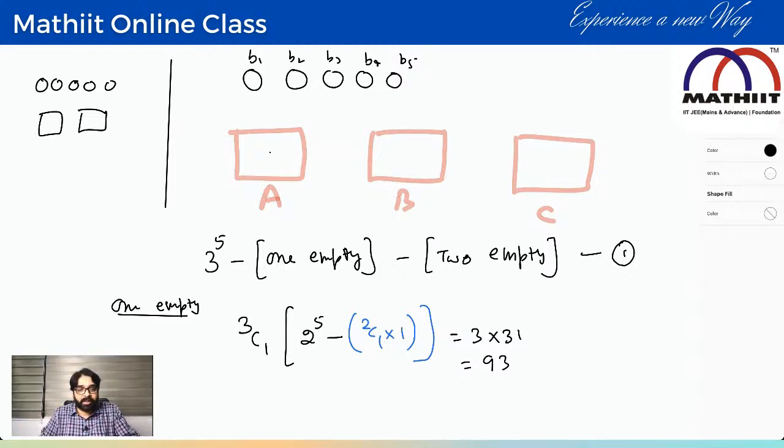Something wrong I did? Yeah, 30, sorry, some calculation mistake. 32 minus 2, sorry, 30. Is this clear to everybody? This is the main point. If you understood this, it's over. I did a calculation mistake. This 90 will be there.